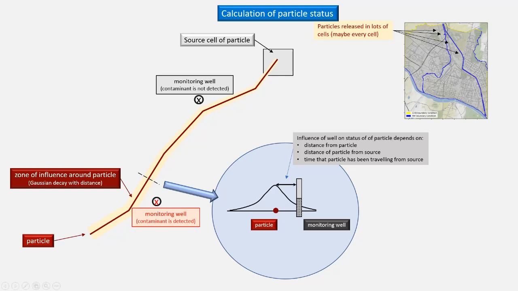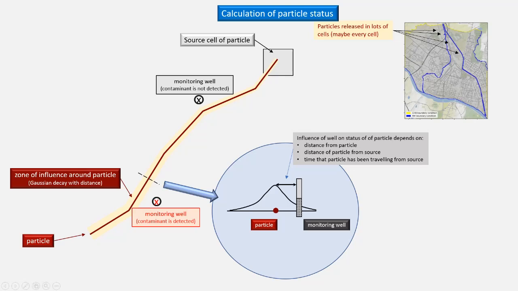If a particle passes close to a well in which a contaminant has been detected, it inherits a so-called detect status from that well, and the influence of that well on the particle status decays with this Gaussian function.